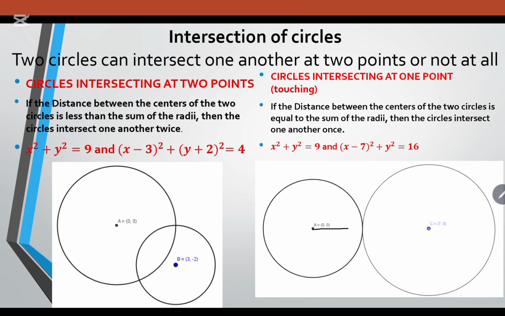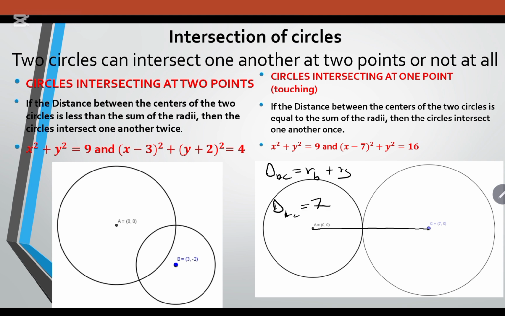If the distance AC is equal to the sum of the radius of the bigger circle plus the radius of the smaller circle, then these circles are tangential. Now, from this, we see the coordinate of C is (7, 0), and the coordinate of A is (0, 0). Therefore, the distance AC is equal to 7 units.